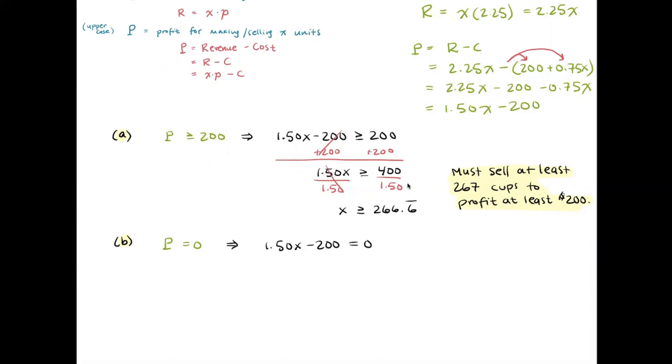Okay, so we're going to add 200 to both sides. So we've got 1.50x equals 200. Okay, we're going to divide by 1.50. So let's see, 200 divided by 1.50 gives us 133.3 repeating.